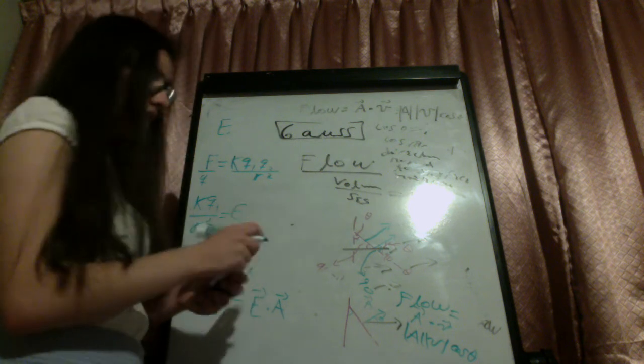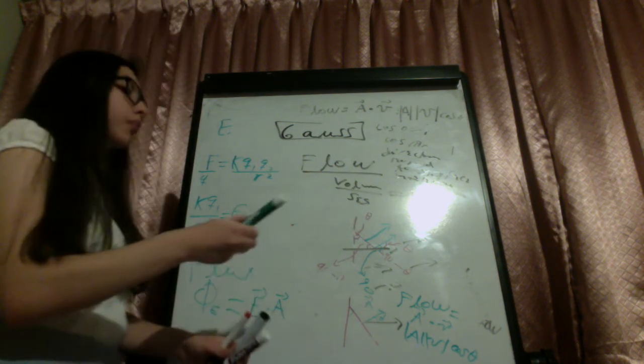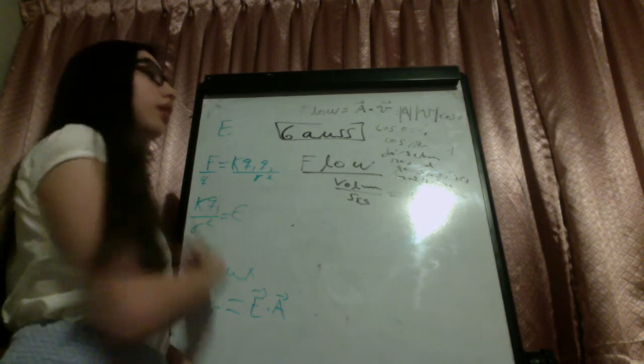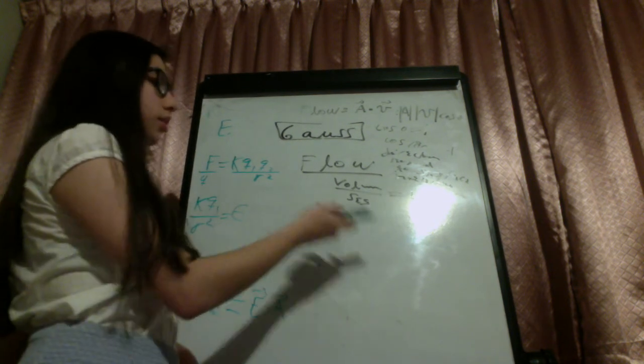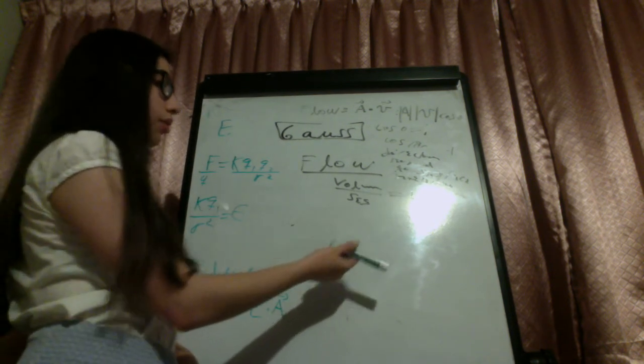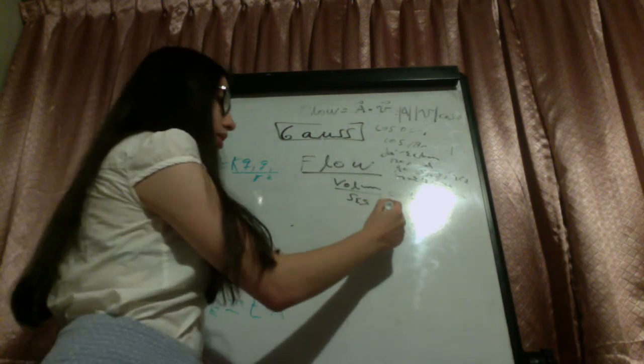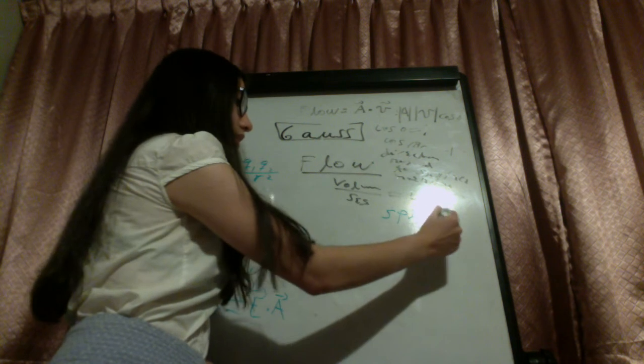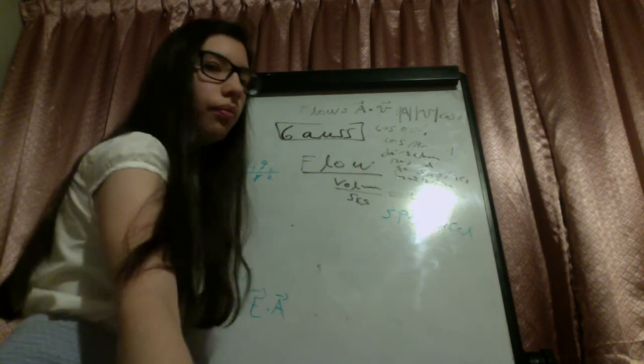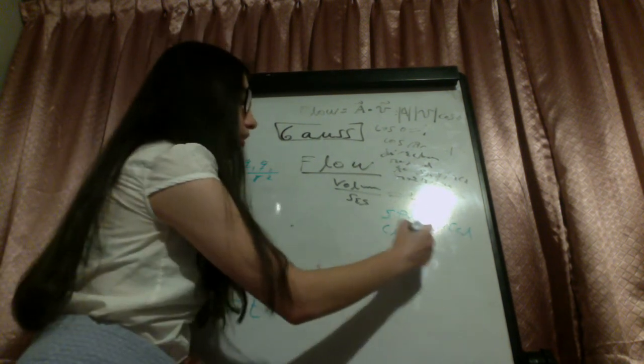Let's say that we have a sphere. This is the simplest one, this sphere. For this we need some symmetrical arguments. The symmetrical shapes that are most commonly used in Gauss's law are spherical, that is the one that we will review here, cylindrical, and planar.